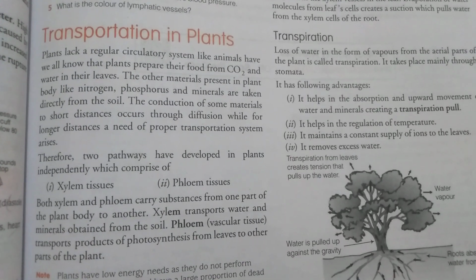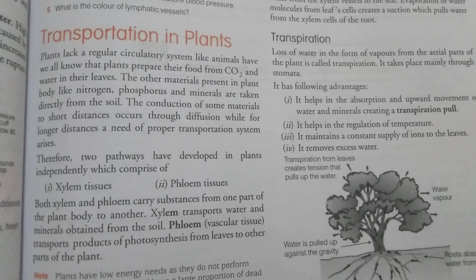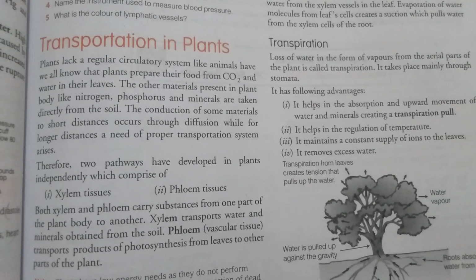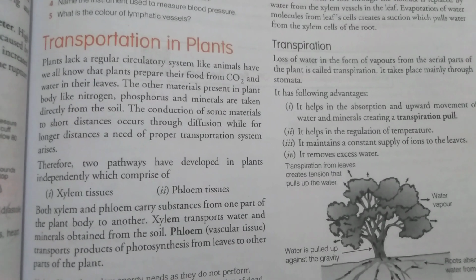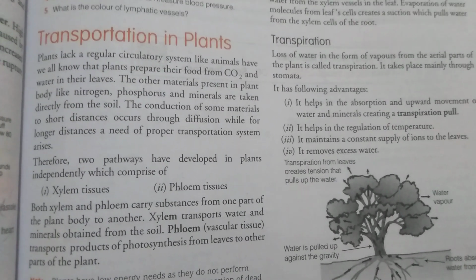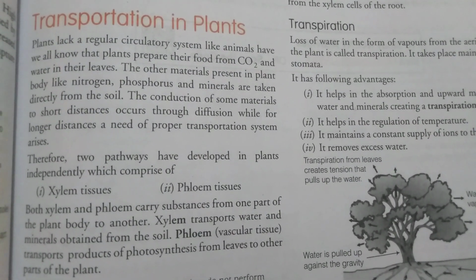Plants do not move, and plant bodies have a large proportion of dead cells in many tissues. As a result, plants have very low energy needs, and that's why they can use a relatively slow transport system. That means the rate of transportation in plants is very slow.